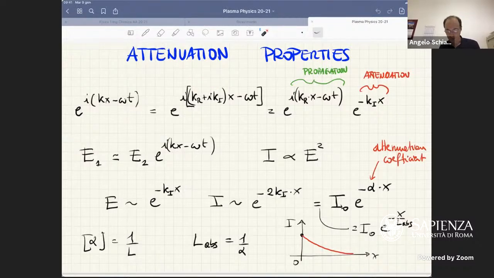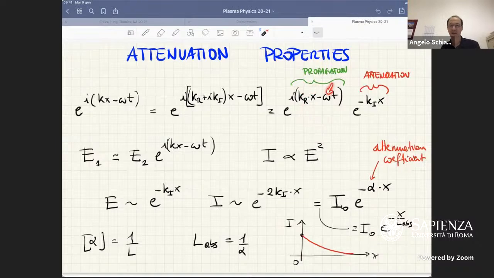So by splitting k in two terms, we reorganize the term of the exponential of the plane wave, and we find again an oscillating term describing the propagation of a plane wave in the direction of x with a wave number kr, which is 2 pi divided by lambda, where lambda is the wavelength of the actual wave propagating.